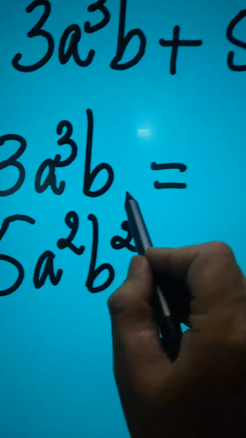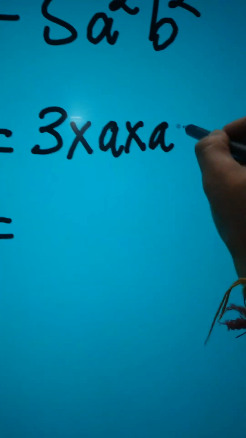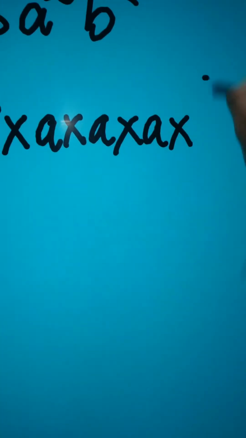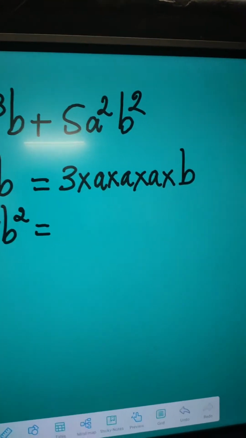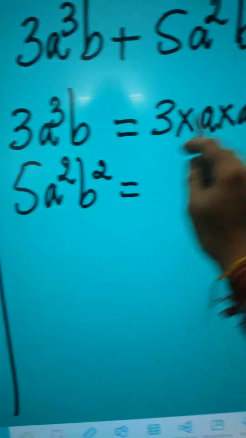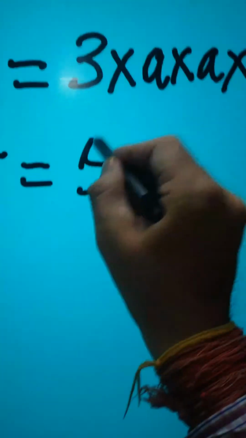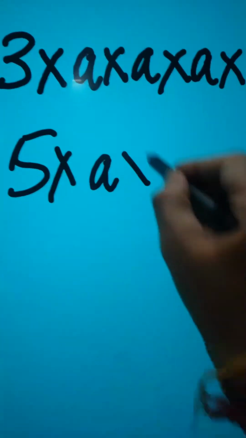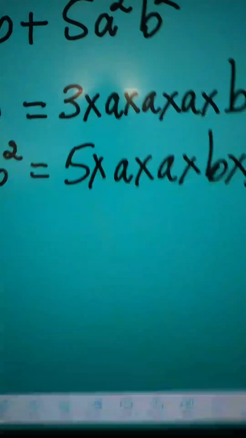So 3a cube b means 3 into a into a into a into b. Have you understood how it is a multiplied 3 times and b multiplied 1 time? And the second term will become 5 into a into a into b into b.